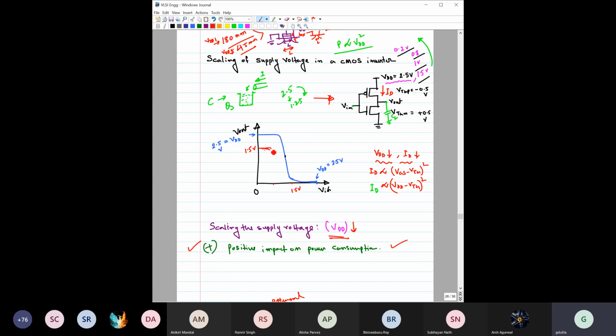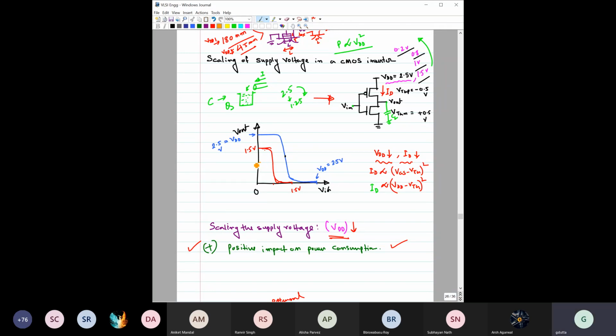After 0.5 it will be constant, then it will give a swing, and then after that again it will be something like this. What will happen around 1 volt? Around 1 volt also you are going to get a similar type of characteristic.